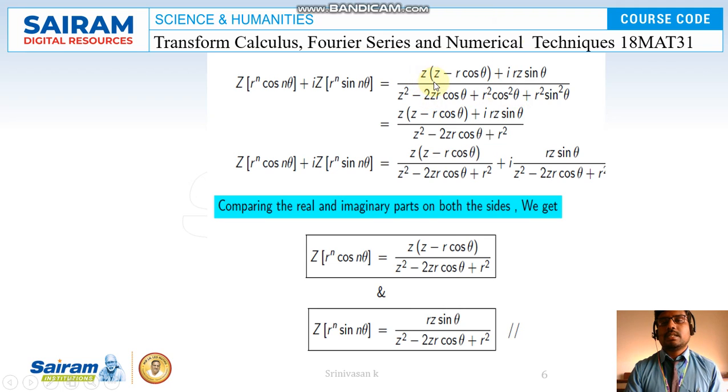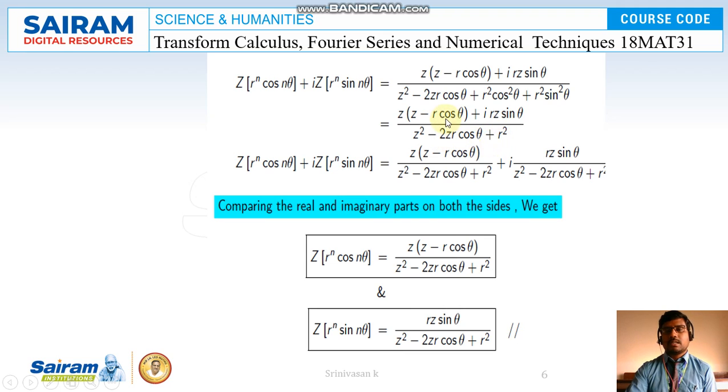Here minus b square is i square, so we get plus. So in the numerator, z into z minus r cos theta plus i r z sin theta, and expanding the denominator, we get z square minus 2 z r cos theta plus r square cos square theta plus r square sin square theta. Here cos square theta plus sin square theta, taking r square outside, that value is 1. So z(z minus r cos theta) plus i r z sin theta divided by z square minus 2 z r cos theta plus r square.